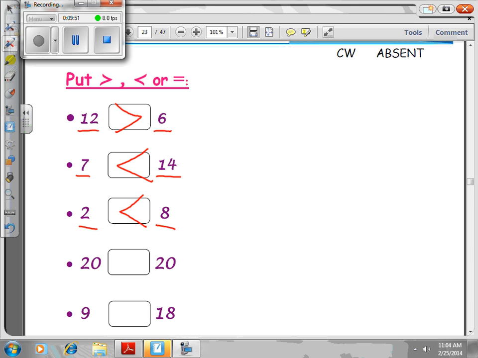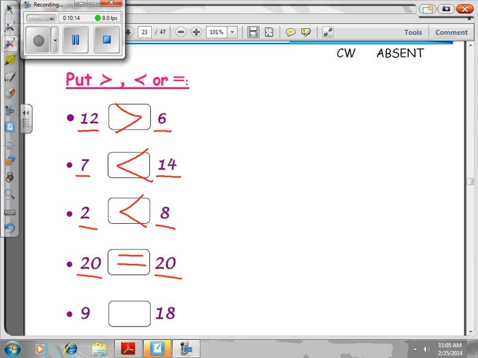The next example we have 20 and 20. Do you have any number which is bigger than the other? No, they are the same. I have 20 and 20, so they are equal. So I'm going to put the equal sign.